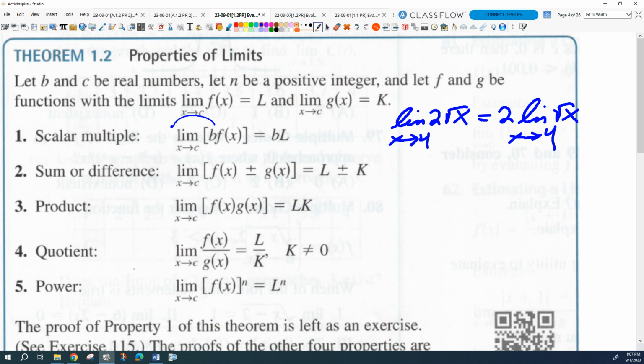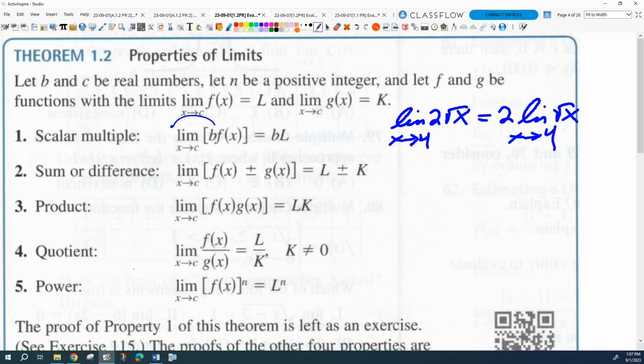Okay, and what I end up with, the limit of b times f of x as x approaches c, is just b times L. So multiplying a function by a constant just multiplies the corresponding limit by the same constant.